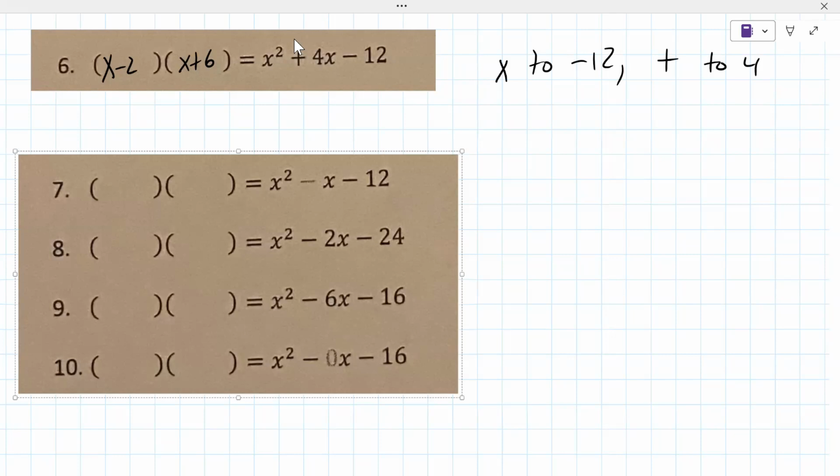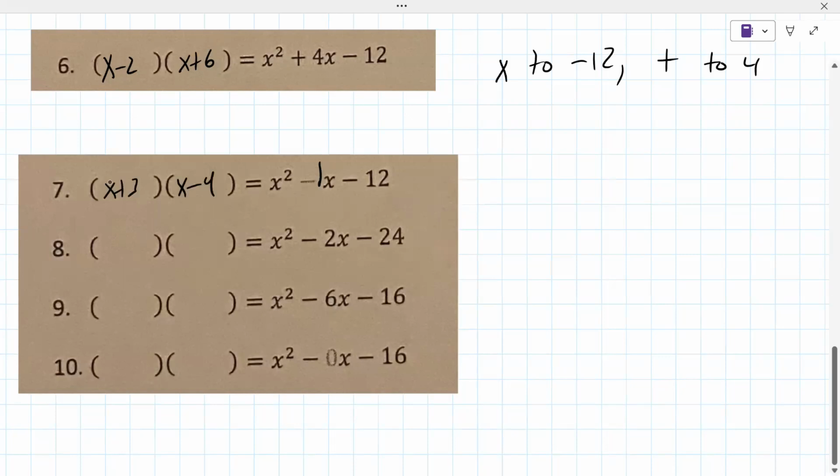Negative x is referring to like -1, correct? Exactly, yeah. For 7, it would be x plus 3 and x minus 4. Okay, and that also works.